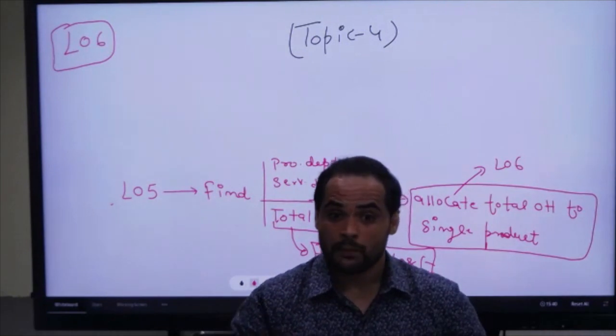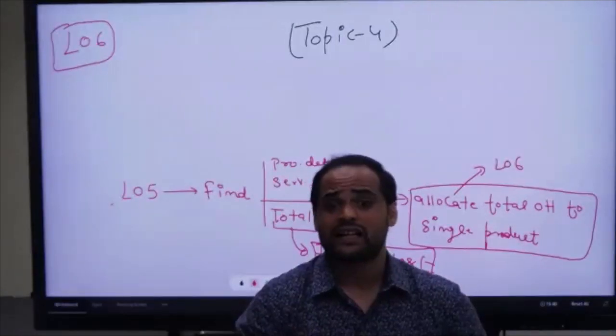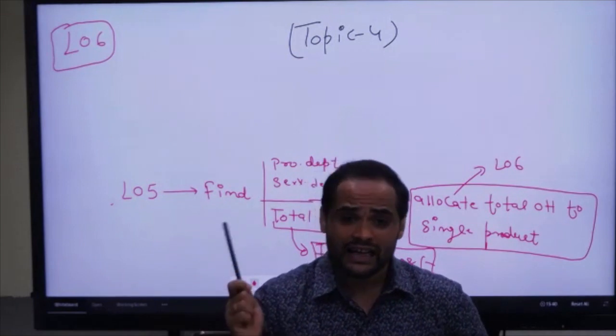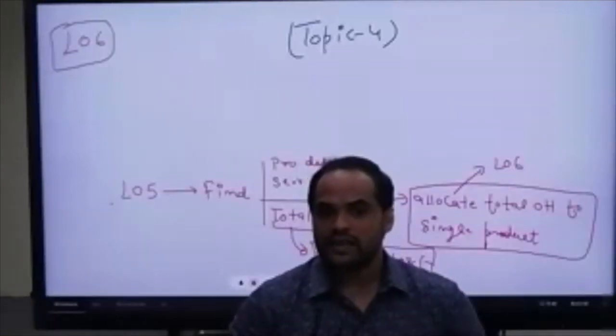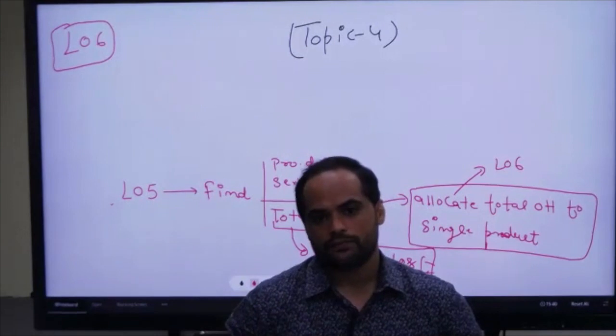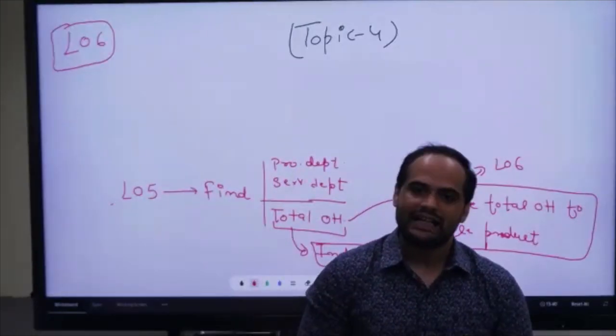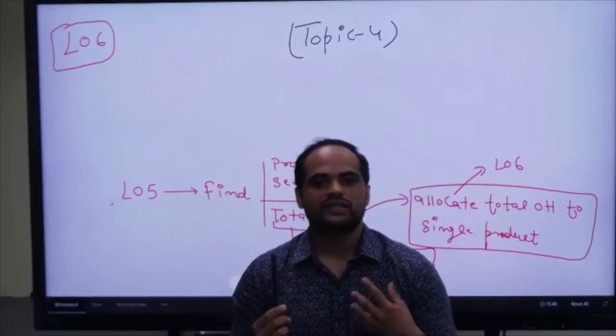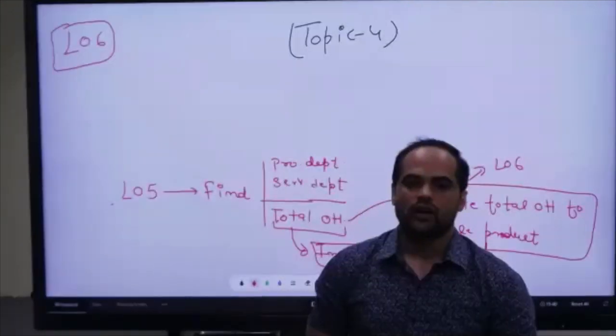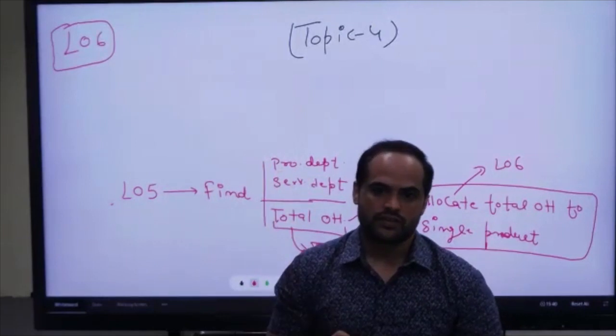Of course, compared to direct cost, which is direct material and direct labor, indirect cost is not easy to identify, right?